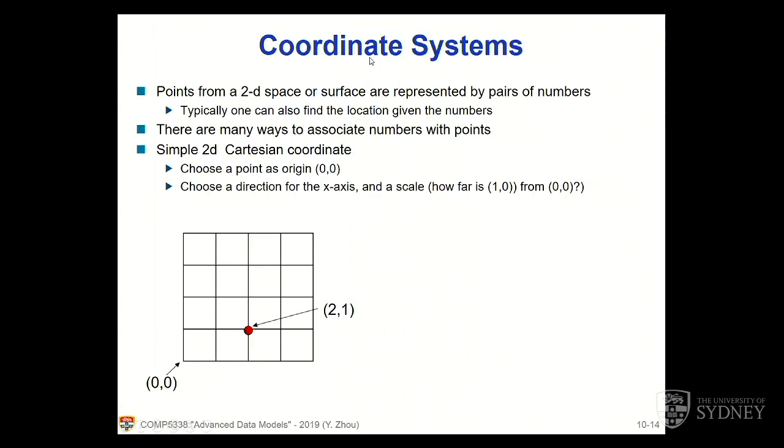So the coordinate system is basically a way to associate numbers with those points. In particular, the simplest one is the two-dimensional Cartesian coordinate system, where there is a point as the origin, and then we choose a direction for the x-axis and the scale, and also the y-axis with its scale, which basically means what the number 1 means, whether it's 1 centimeter or 1 meter or 1 kilometer.